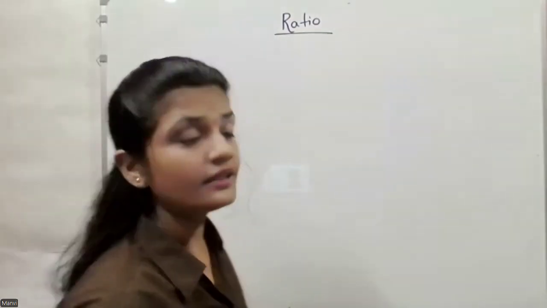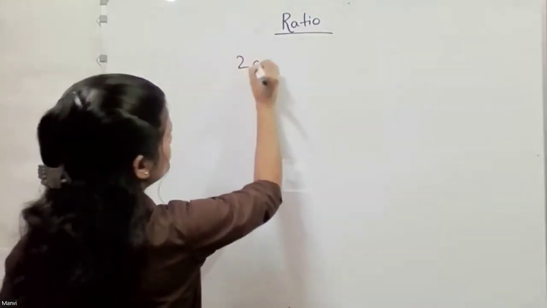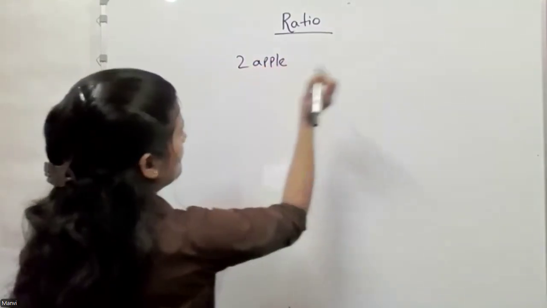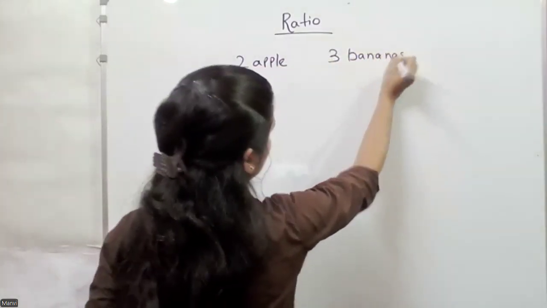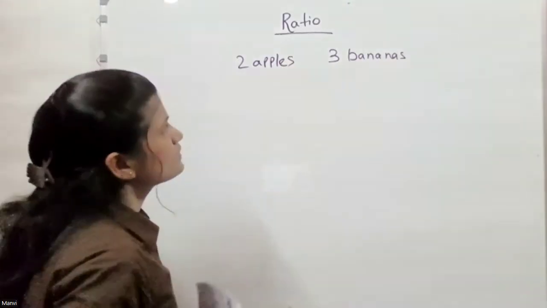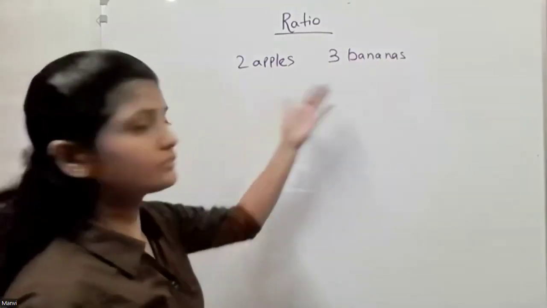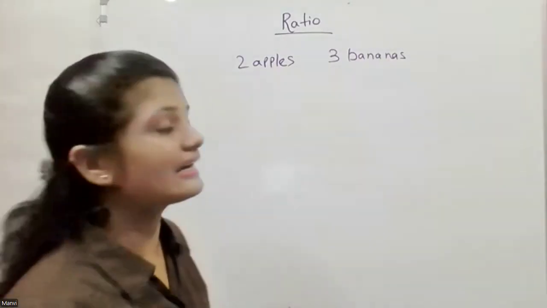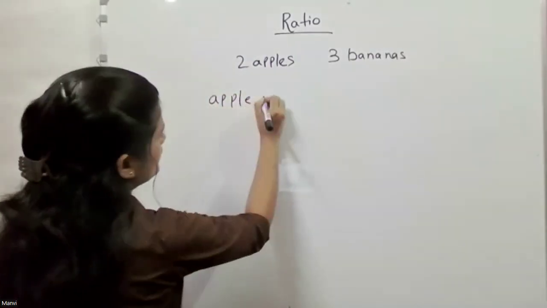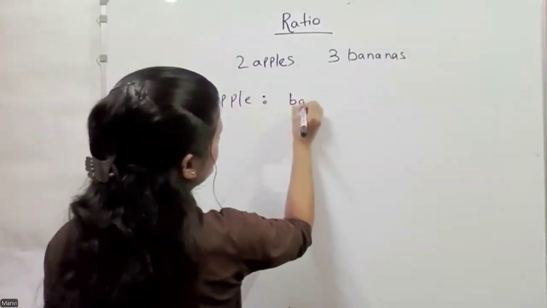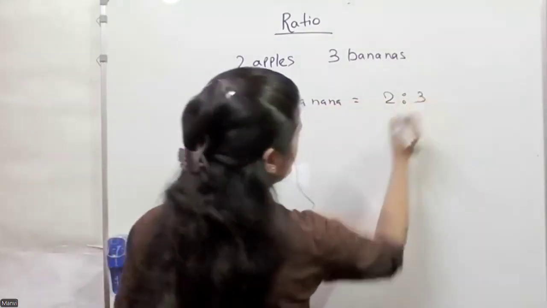For example, if I say I have two apples and three bananas, either we can say that I have two apples or three bananas, or we can compare like this: apple ratio banana equals 2 ratio 3.